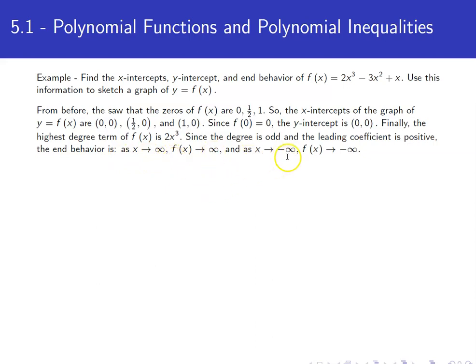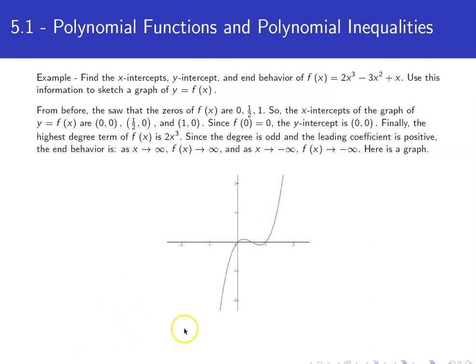And as x goes to minus infinity, f of x goes to minus infinity. So again, saying it in words, as x gets large in the positive direction, f of x gets large in the positive direction. So that's telling us our tail is pointing up and to the right. And this says that as x gets large in the negative direction, f of x gets large in the negative direction, or the tail is pointing down to the left.